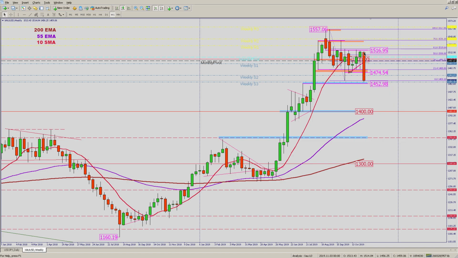This is all due to dollar strength and a risk-on environment in the markets, with positive progress in the US-China trade talks, where China announced on Friday afternoon, during the European session, that they are working on a deal to roll back the tariffs imposed by the US.